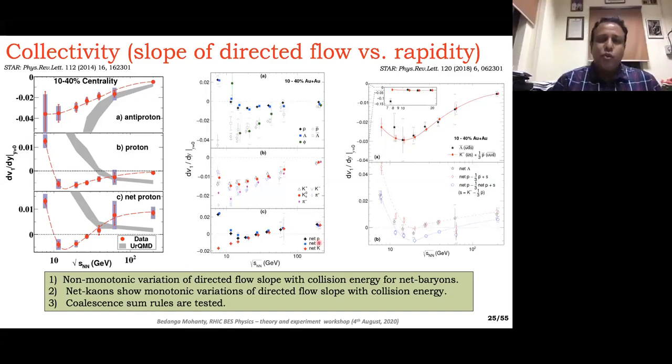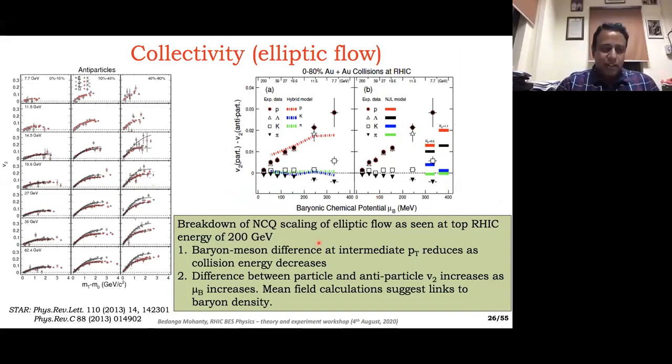Now let's come to the elliptic flow measurements. And let's look at this left-hand side plot. These are elliptic flow measurements as a function of transverse mass minus mass of the hadrons. A variety of hadrons, starting from pions to omega and phi, are shown here.